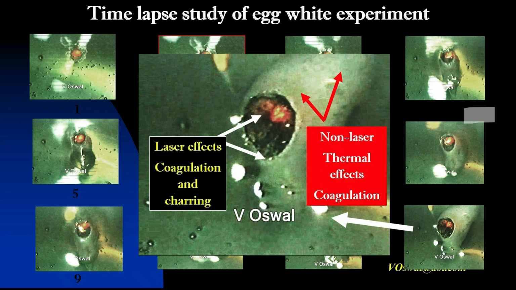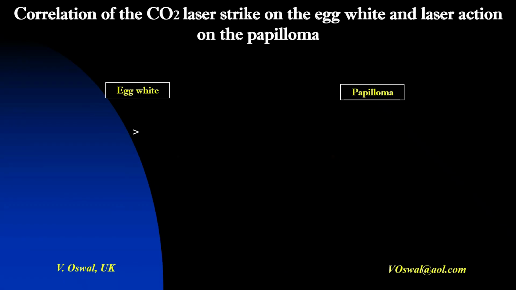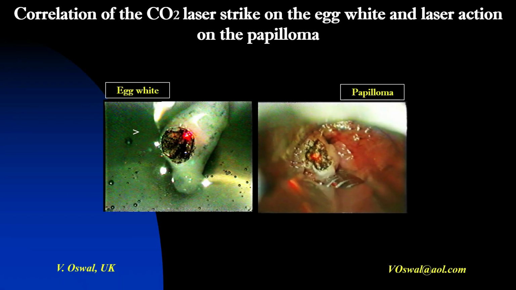The effects of the laser are apparent on the surface, but the effects of thermal spread deep to it are not so clearly apparent. They do result in tissue damage far more significant than the surface damage. And later on, when I started doing surgery on laryngeal papilloma, I found the egg white effects were exactly replicated on the papilloma.